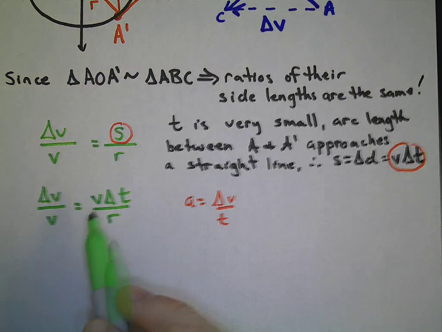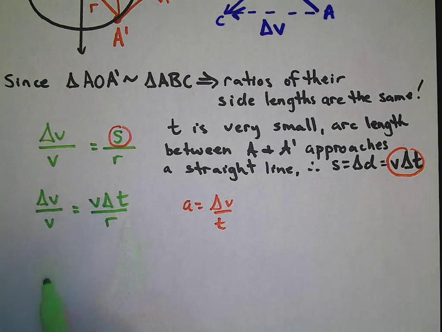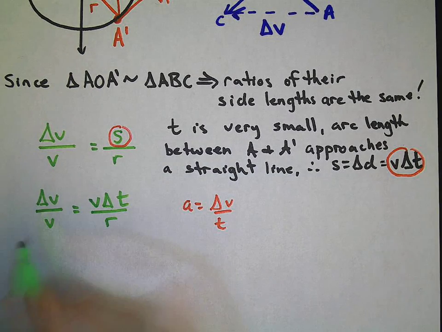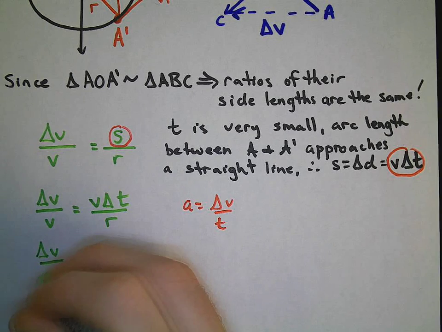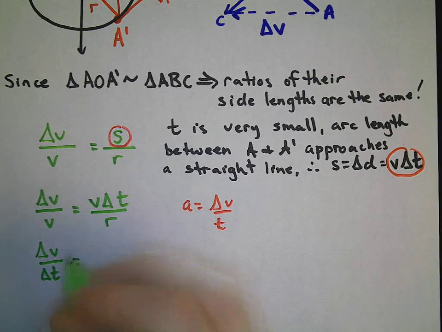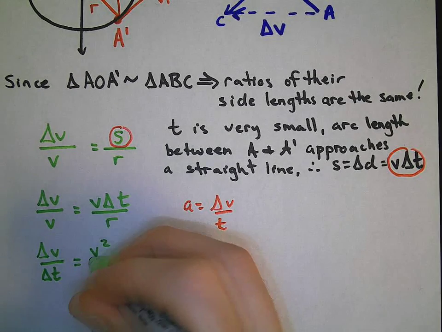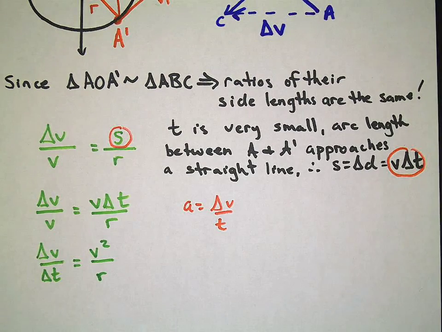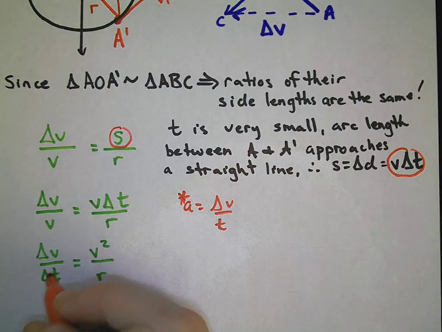If I multiply both sides of my equation by delta t and multiply by v, which is on the bottom here, I would have delta v over delta t, which is part of my acceleration, equal to v squared over r. But again, remember, acceleration is change in v over t.